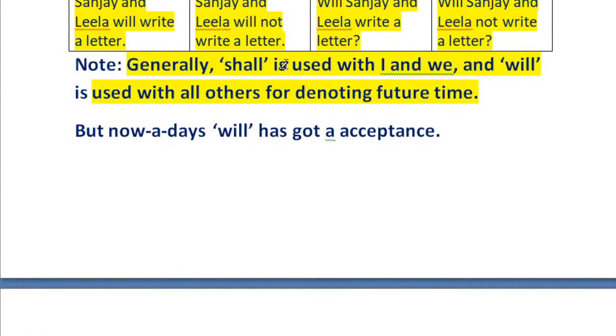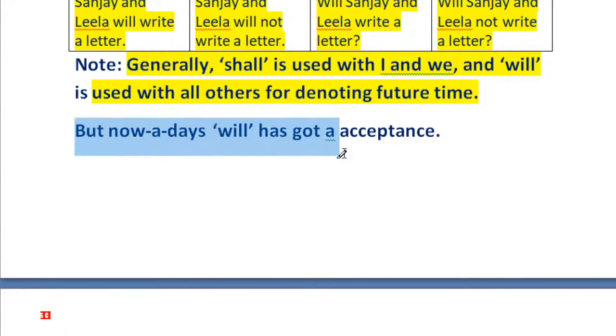But in particular cases, when we have to convey some special meaning, shall can be used with any subject and will also can be used with any subject. Later on, I will make a video explaining the rules about the use of shall and will. That time I will talk about these verbs, these modals.